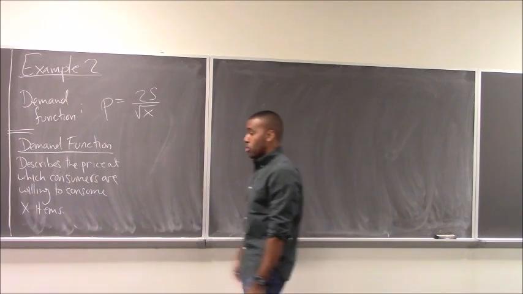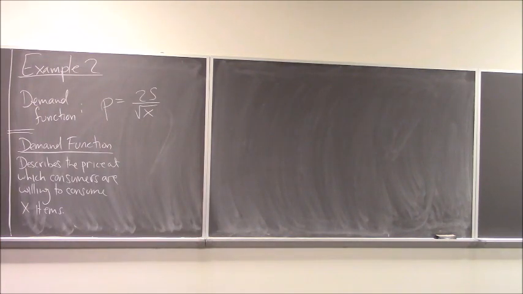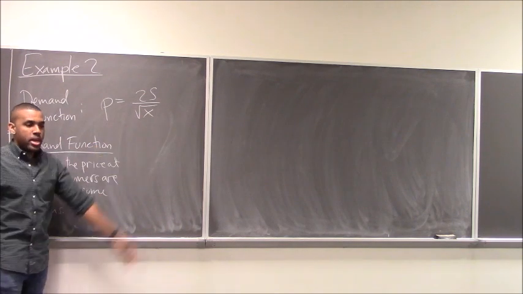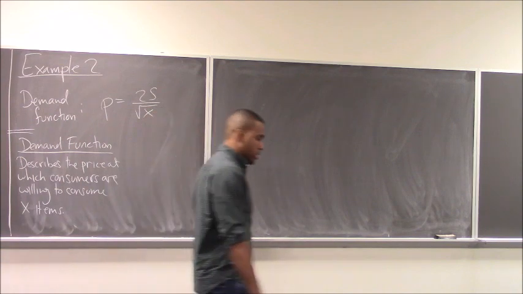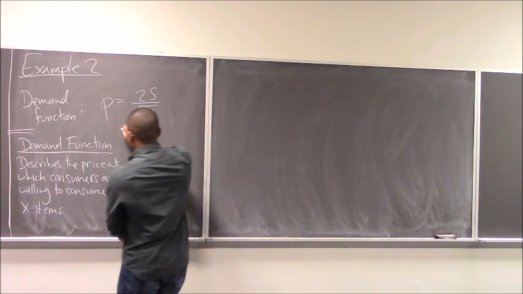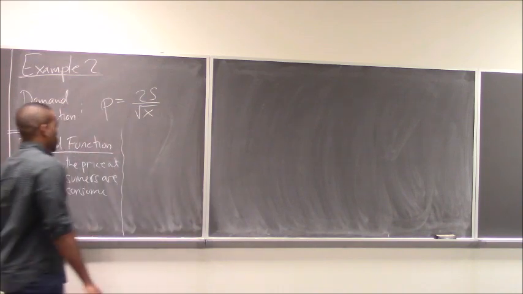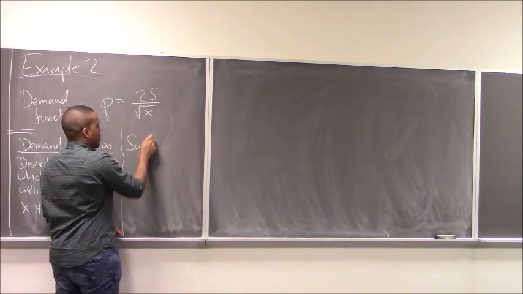So if you want to sell only one item, you only want one person buying it, you should charge $25. If you want 100 people buying it, you should charge $2.50. This is something that comes through a lot of market research. Another very common function that's seen side by side with this one is called the supply function.